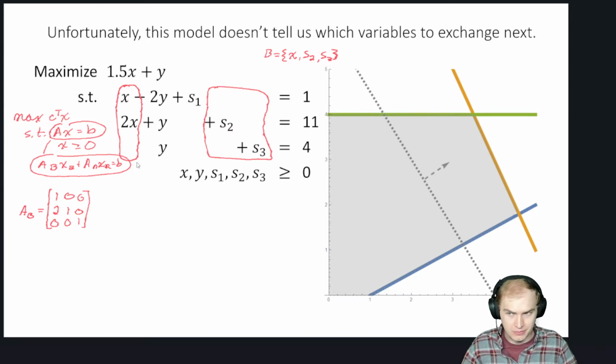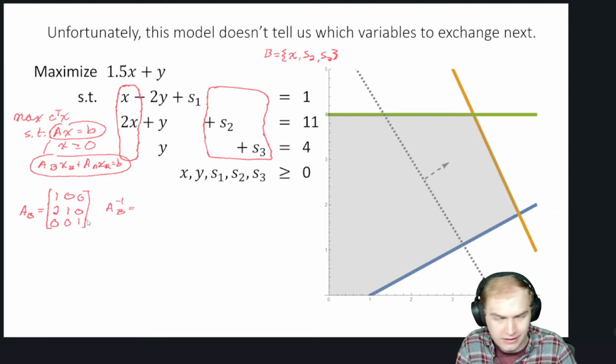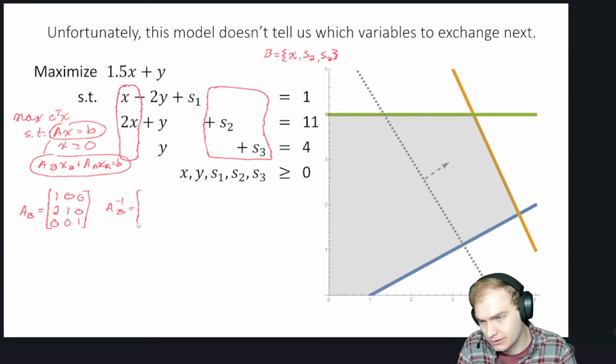So that's just what we've done here. We've pulled out A sub B, and then we're going to find the inverse. And you may remember that since A sub B is a basis, by the definition of a basis all of the columns are linearly independent, and the matrix is square, so it's invertible. And I'm just going to go ahead and reveal the inverse.